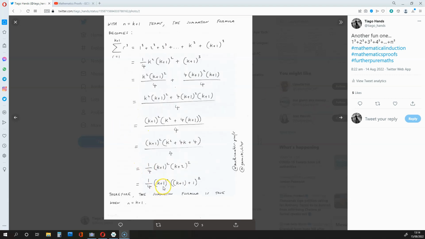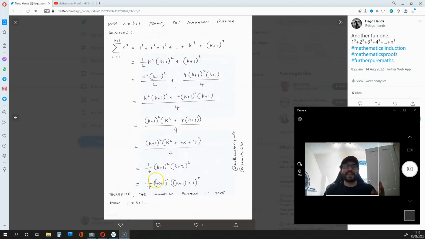Now if you get k plus 1 replacing n, like so, you can then say, therefore, the summation formula is true when n is equal to k plus 1. And this is the induction phase out of the way.